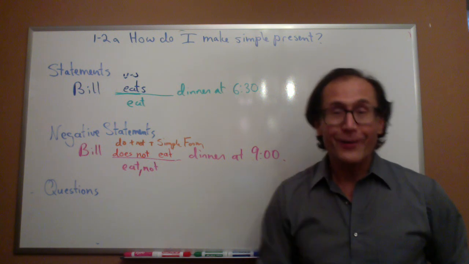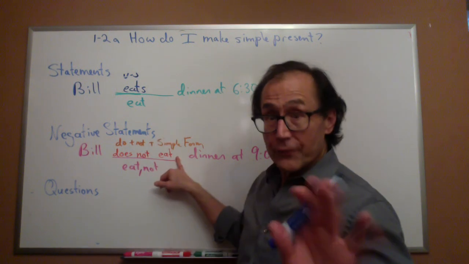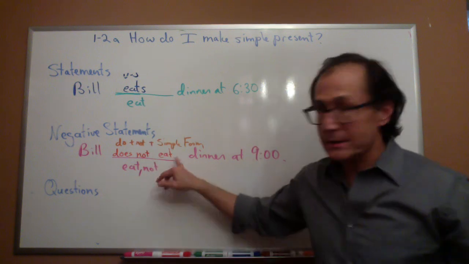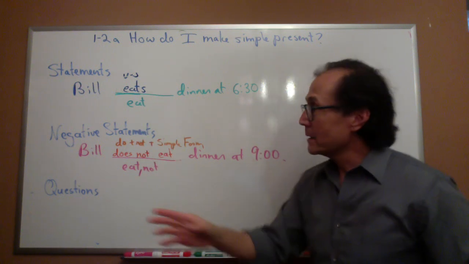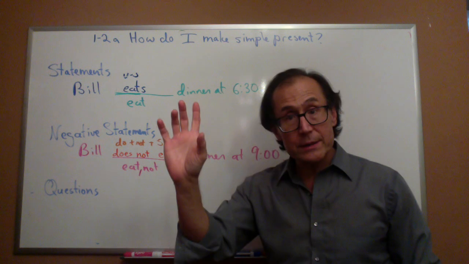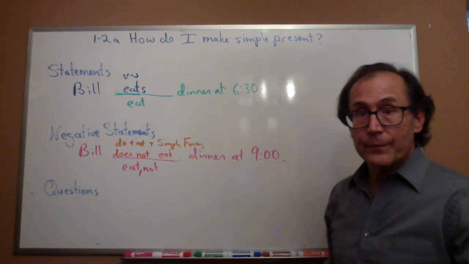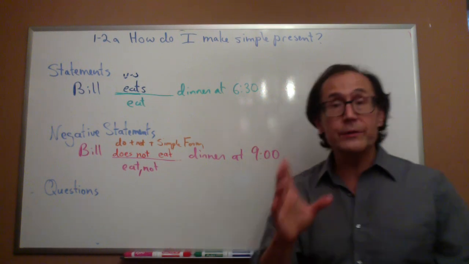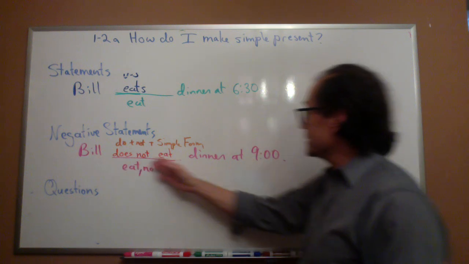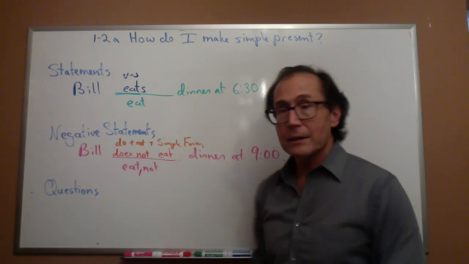Answer is no. If you said yes, you're right that in a regular statement I'll use an S. But in a negative statement, I want to use simple form. Remember, simple form is no S, no ED, no ING, or base form, the form that you look up in the dictionary. So I'd say Bill does not eat dinner at 9. I'll use do and not in simple form.